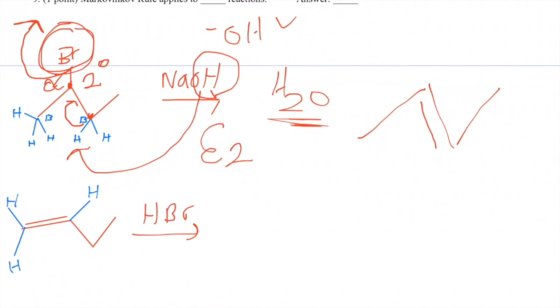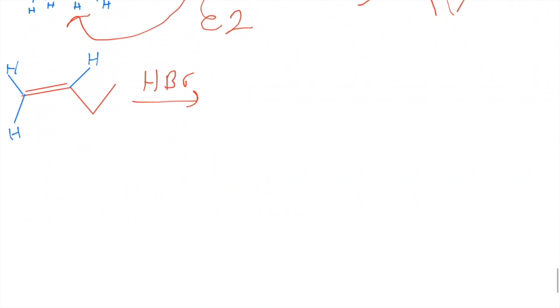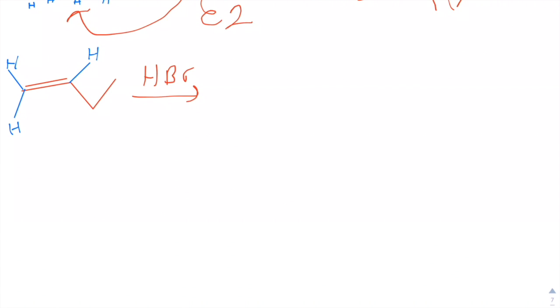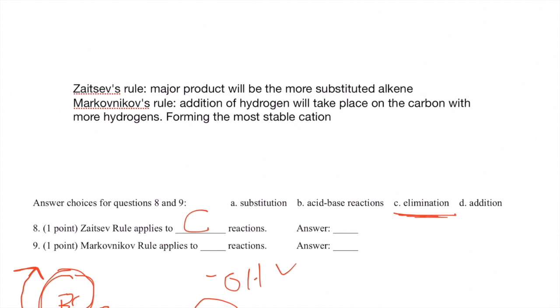Now, moving on to question 9, for Markovnikov's, I've written down this reaction down here. In Markovnikov's, as defined by the definition up here, it is the addition of a hydrogen that will take place on a carbon with more hydrogens, forming a more stable carbocation.